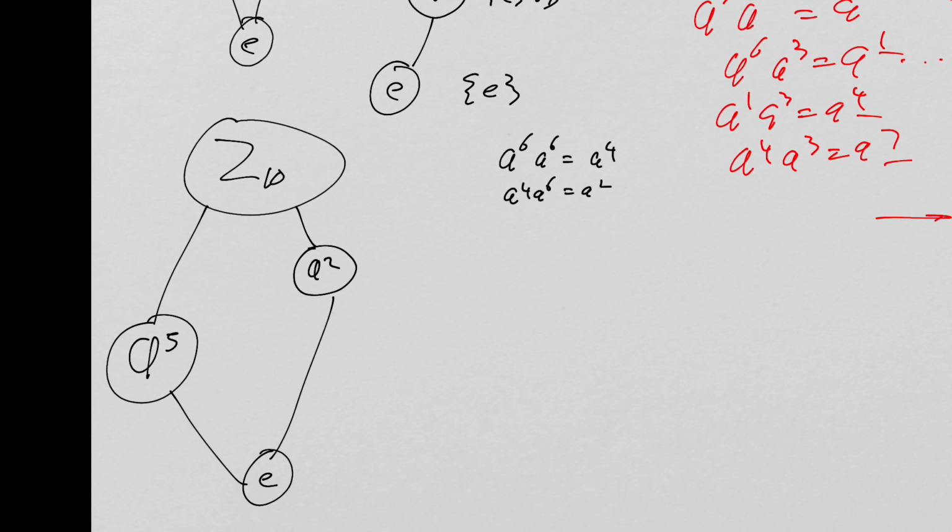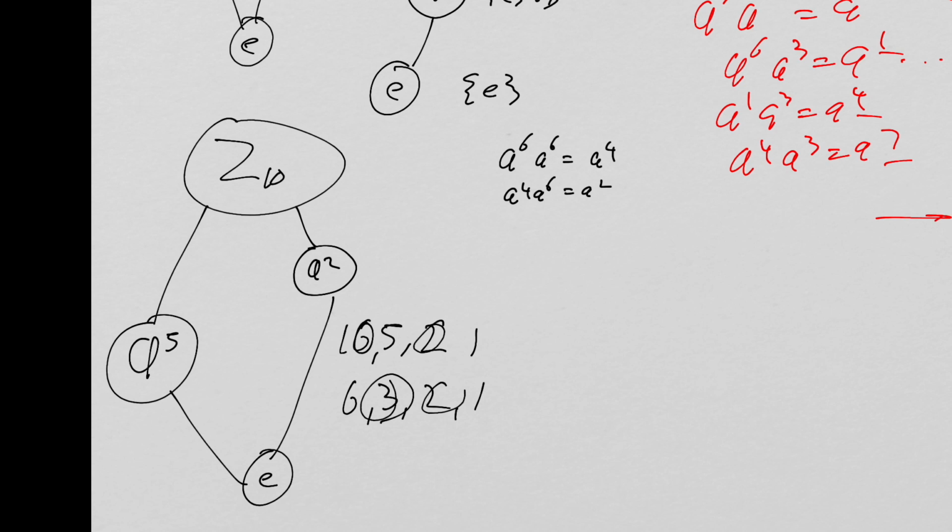Because 10 factors into 5, 2, 1, and 10. 6 factors into 6, 3, 2, and 1. So they both share the idea that its factorization structure, I don't want to say it's sort of similar, but it's got an odd largest factor, and then the second one is 2, and sure enough, it's similar enough that the subgroup diagram is the same.